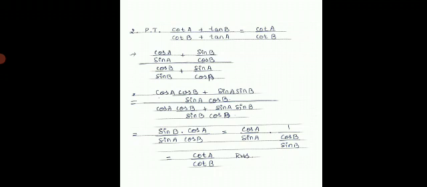So you will be left with sin A into cos B in the numerator's denominator and the denominator's denominator. So both denominators will remain as they are. Then shift the last denominator to the numerator, that is sin B into cos A upon sin A into cos B.